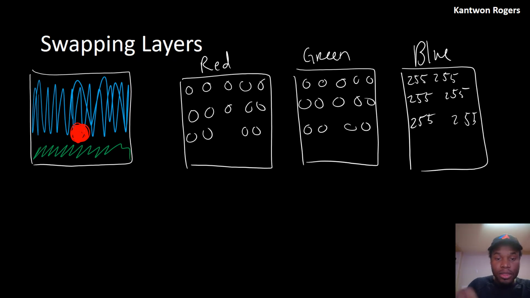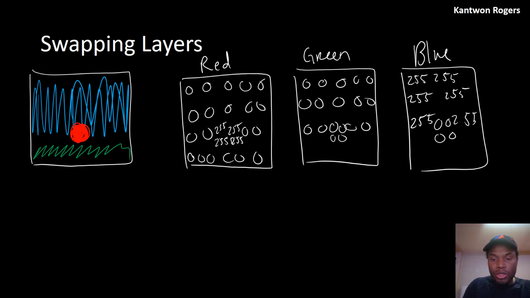Okay, and the red ball, in that location the red layer will be 255. My green will be 0 still, so there'll be some zeros here. And my blue will also be zeros. Then where my grass is, that means my red is 0.